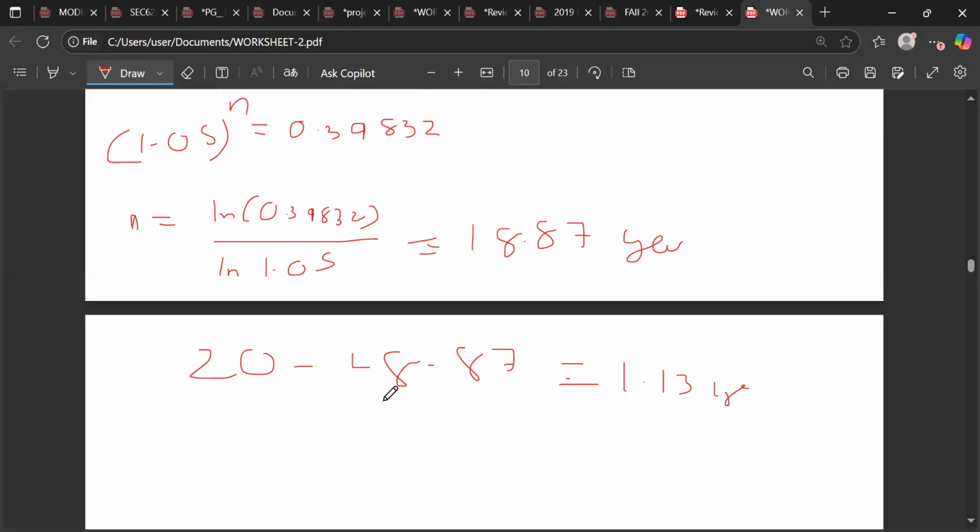Yes. Oh, okay, then again I divide over log 1.05. Log, then you put that 0.39832. Then you press answer. Oh, okay, I get it now. Are we okay so far?